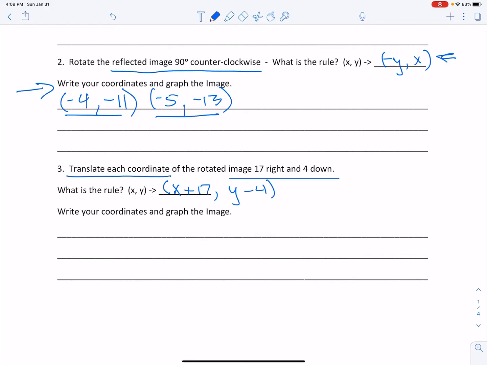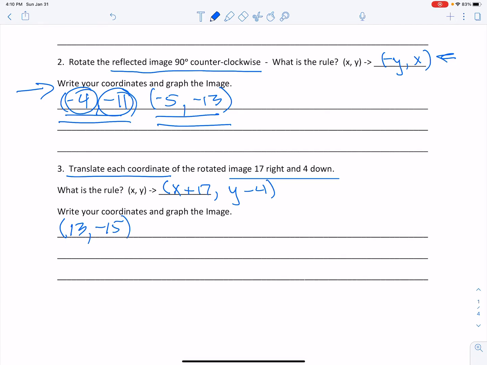We're going to take each one of these previously recorded points and translate them. So for this first one, I'm going to take that negative 4 and add 17 to it, which gives me 13. Then I'm going to take this negative 11 and subtract 4, so you would end up with negative 15.